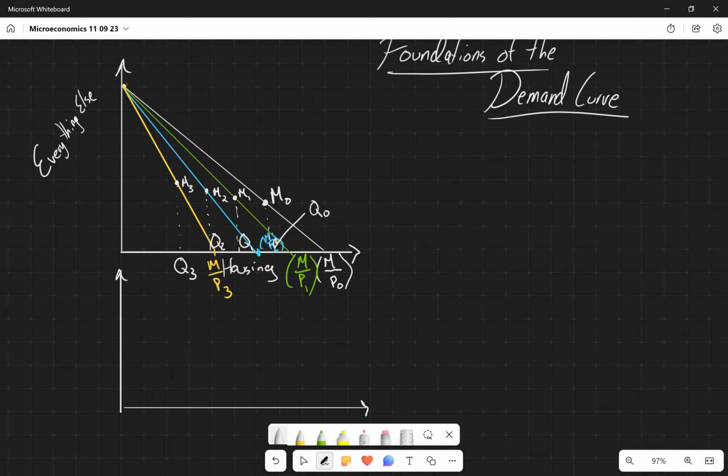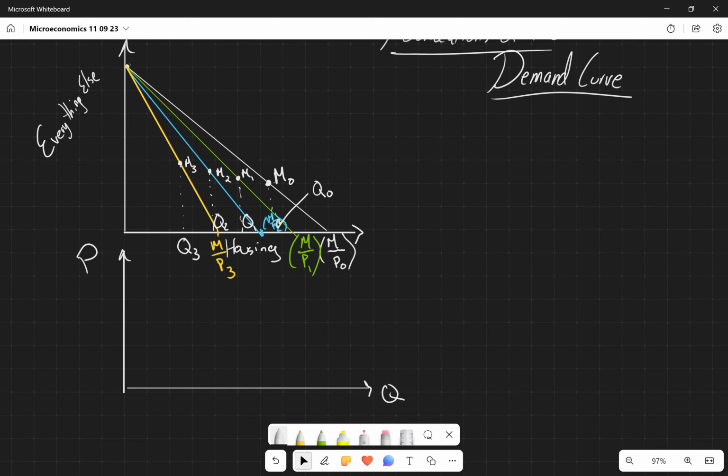And so if I have different prices and different quantities, well, I can put those on a price and quantity axis to tell me at different prices, right? So when the price was that P0 that it started out as, we had a quantity of housing that was Q0.